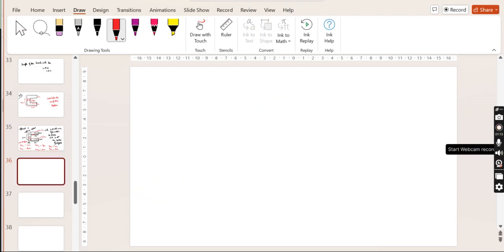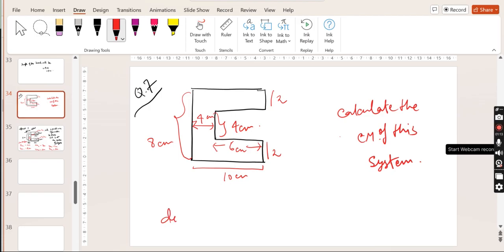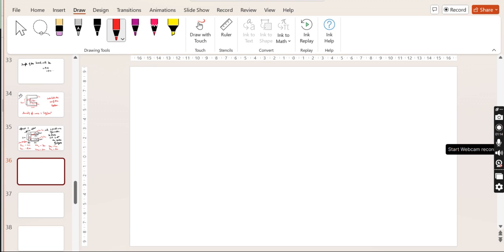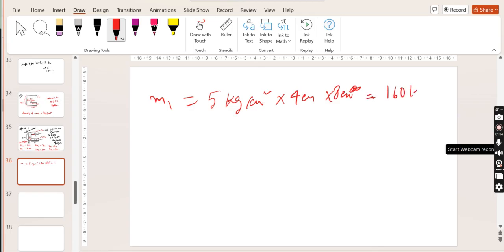We get the center of mass of all the 3 components of the system, and here the density of mass is given as 5 kg per centimeter square. Just imagine this is a 2D system. So the mass of M1 will be 5 kg per centimeter square into 4 centimeter into 8 centimeter, so that will be 160 kg.